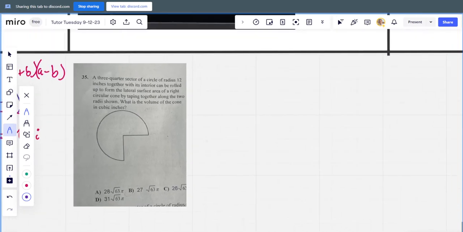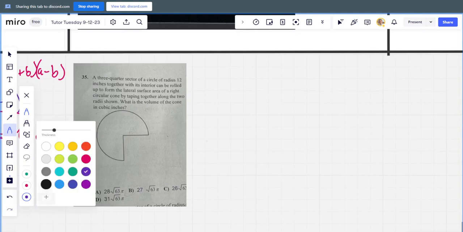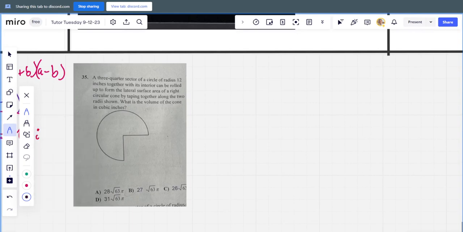Last one here. Last one. We'll do this one. A 3/4 sector of a circle of radius 12 inches, together with its interior, can be rolled up to form the lateral surface of a right circular cone by taping together along the two radii shown.